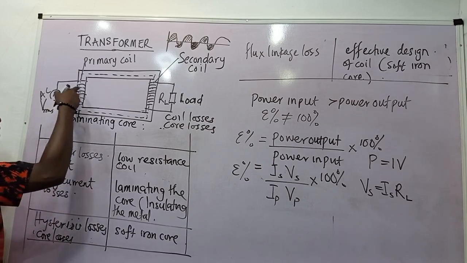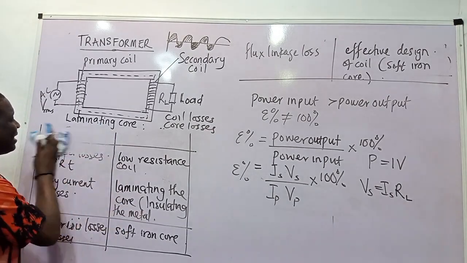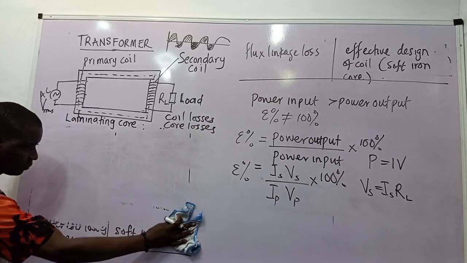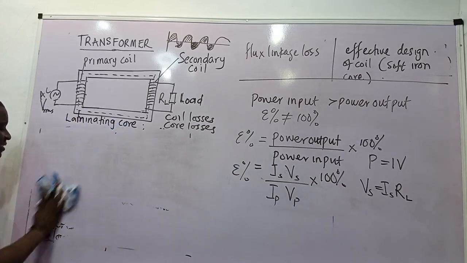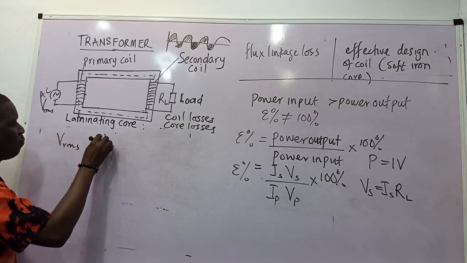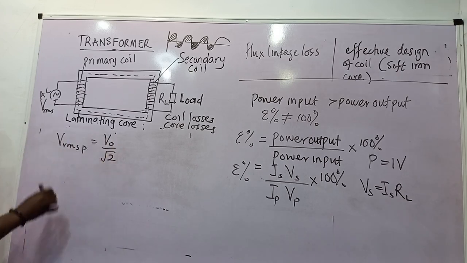But what is the maximum voltage that we set up here? We can get the maximum voltage by using this relationship: VRMS is equal to maximum voltage divided by root 2. Let's say this one is for the primary.